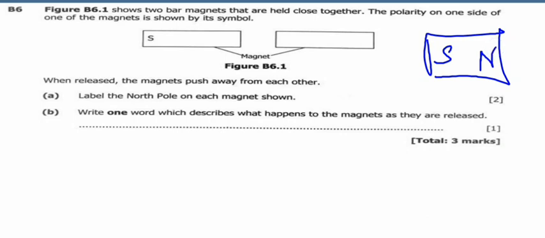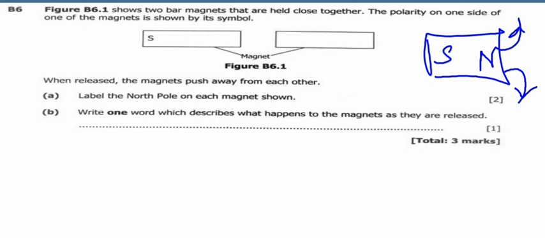Usually the north pole is denoted by capital N. And you need to know that always the magnetic field lines come from the north pole. When released, the magnets push away from each other.